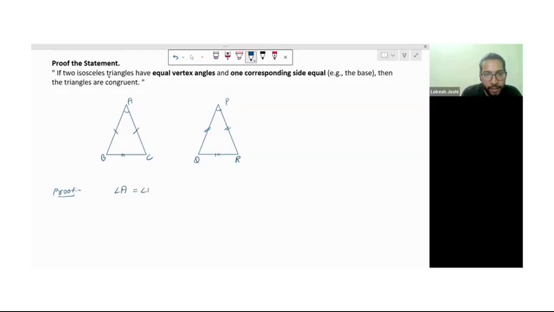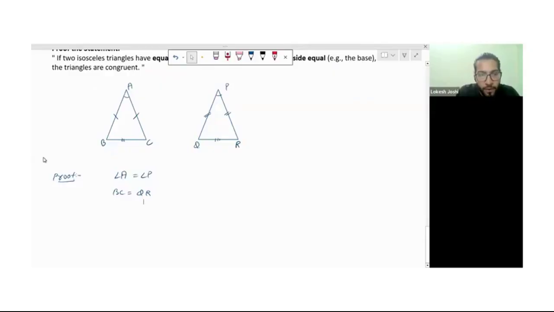Angle A is equal to angle P and BC is equal to QR. Now let angle A equal angle P, and suppose it has measure X.